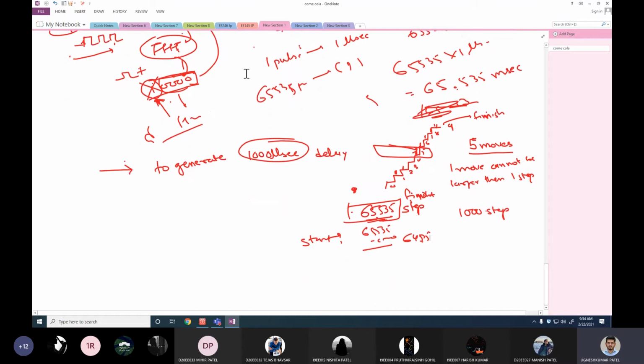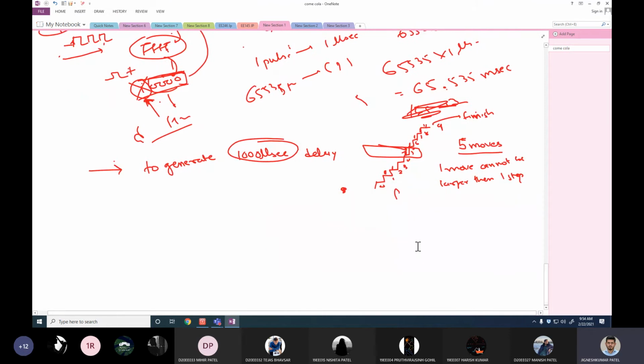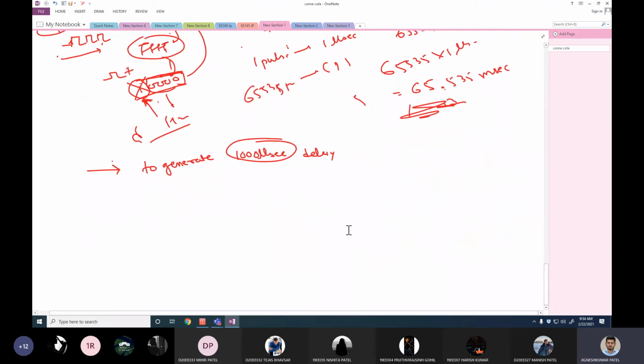Now let's see how to do this. This is my required time delay. I know I require a 1000 microsecond delay. First of all, you have to find out T, but in this example, we already know T. T is 1 microsecond.